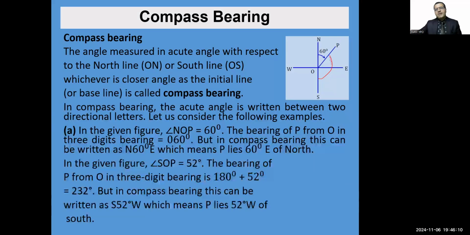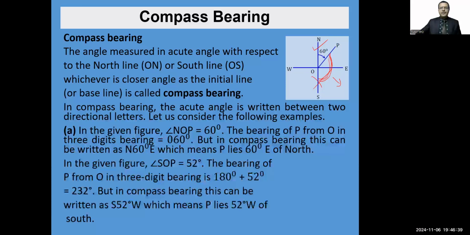If we calculate the angle formed by OP with the south line, this is an obtuse angle. But compass bearing is always measured as an acute angle. So we have to take the north line as the initial line here, not this line.